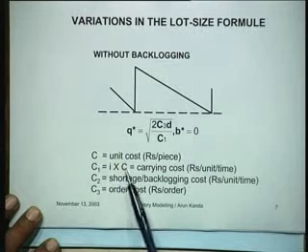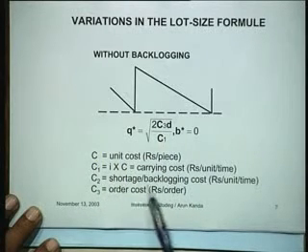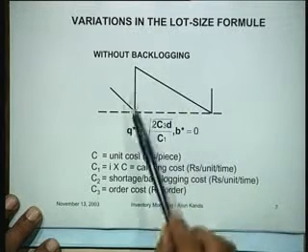So the unit cost is C. C2 is the shortage or the backlogging cost, which doesn't appear here because this is a case without backlogging.